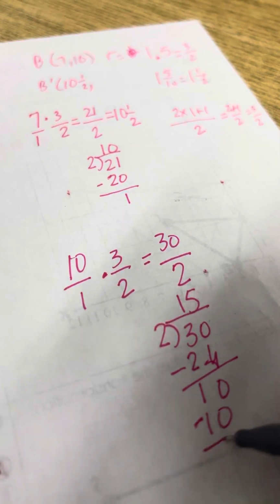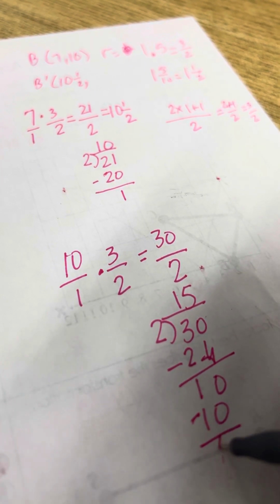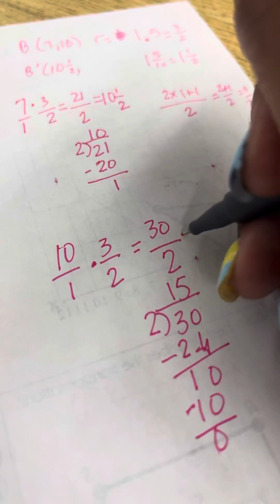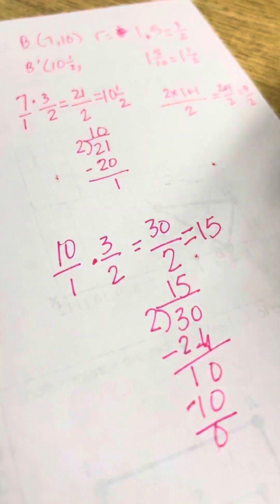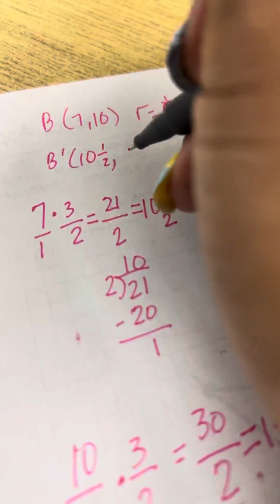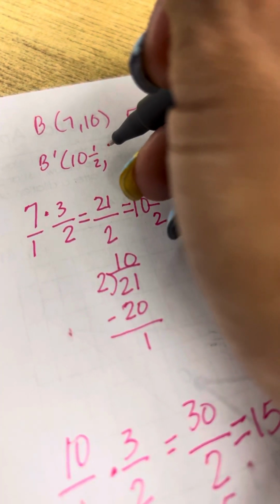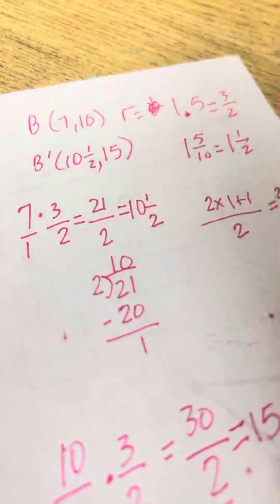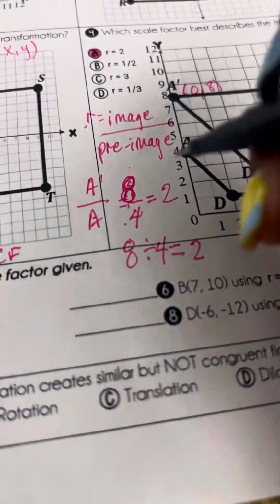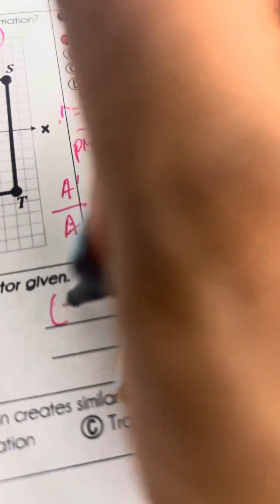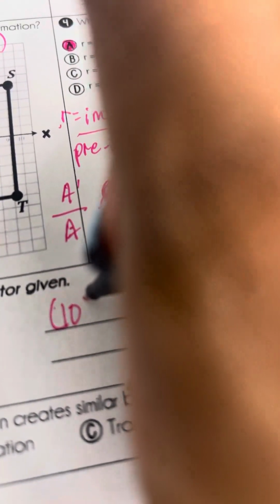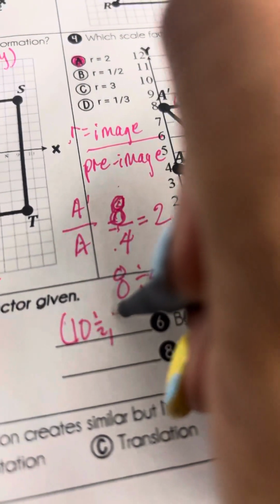No remainder. Therefore, it's 15. So now the ordered pair for my image is 10 and 1/2, 15. Okay, so I'm going to write that here. Number 6 is 10 and 1/2 and 15 for B prime.